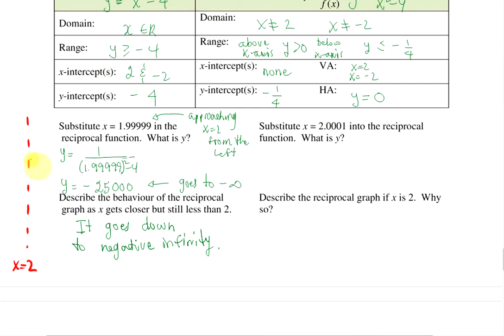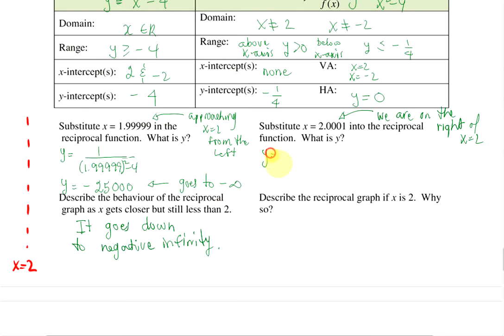We're going to pick a value which is just slightly bigger than 2, so 2.0001, and find out what y is. This means we are on the right of x equals 2.